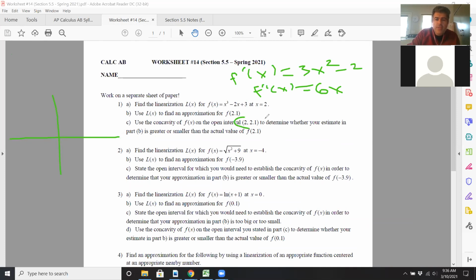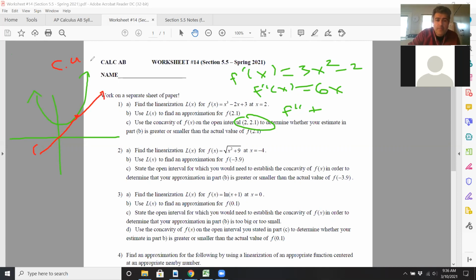Well, here's the thing. In this interval, f double prime is going to be positive. Okay, it's going to be positive. And what's happening here is that if you're concave up and you draw a tangent line, you'd agree the green curve is all concave up, right?